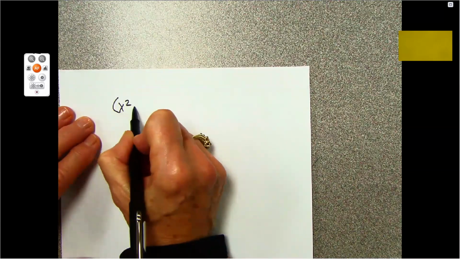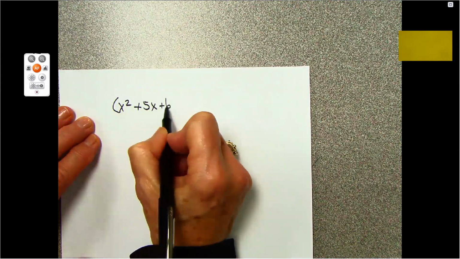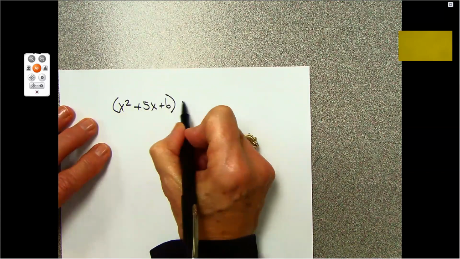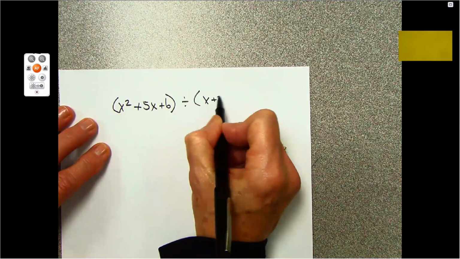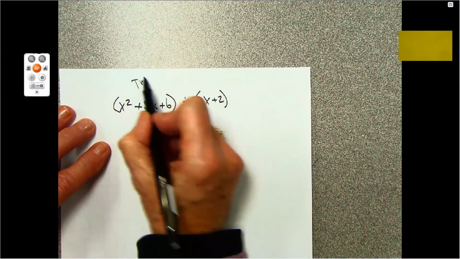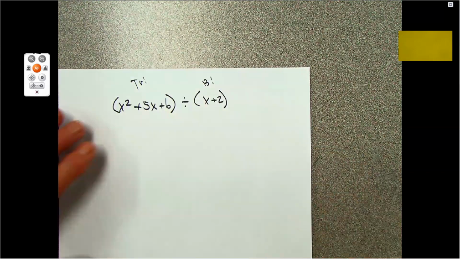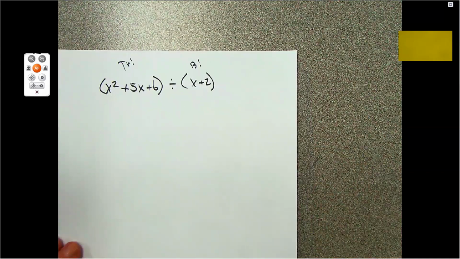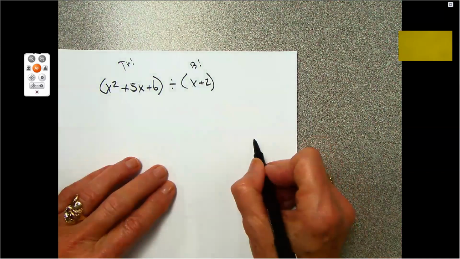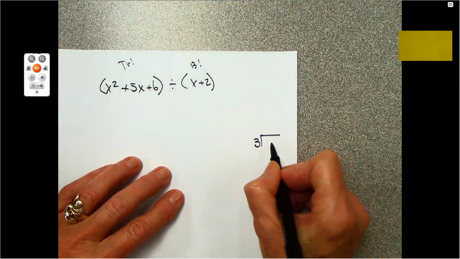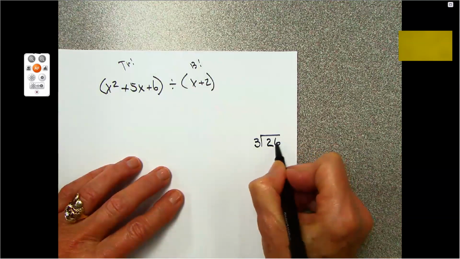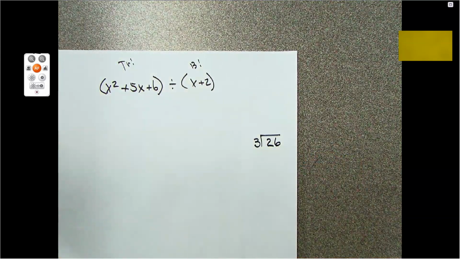X squared plus 5x plus 6 divided by x plus 2. So we have a trinomial divided by a binomial. Let's look at this. 3 goes into 26.